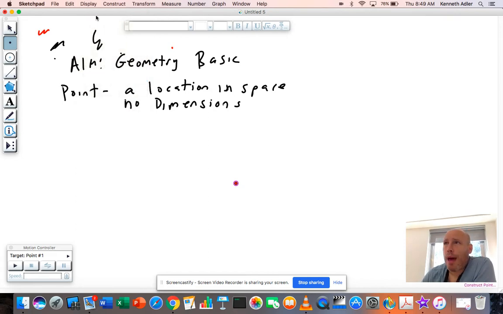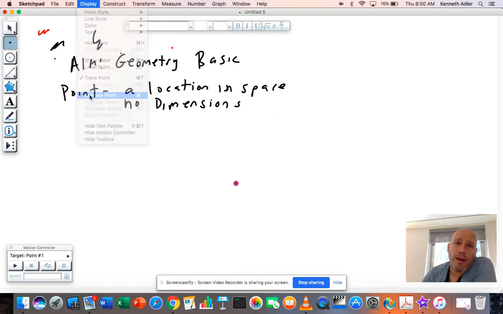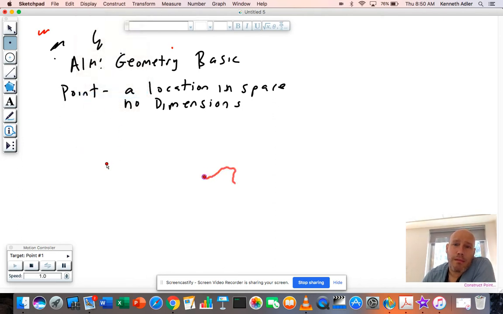Well, what can we do at that point? Well, from your art class, you draw pictures, you make paths. So I can animate the point, right? So that is a path. It's basically a movement, a point moving.